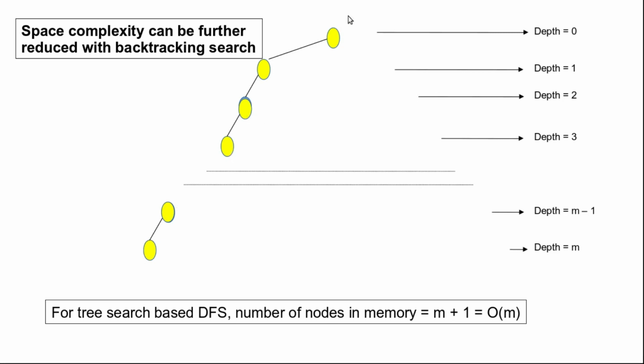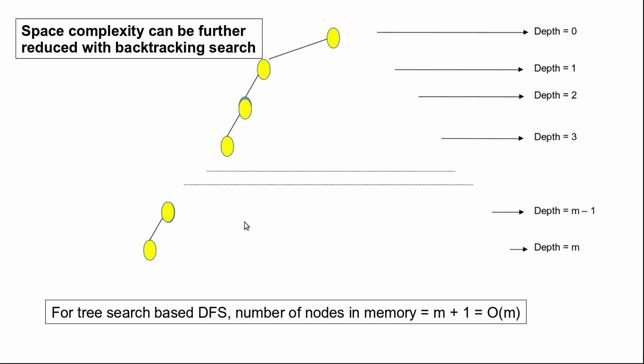So the maximum number of yellow nodes in the worst case will be equal to M plus 1, which is big O of M. So we would require only big O of M space in the worst case.